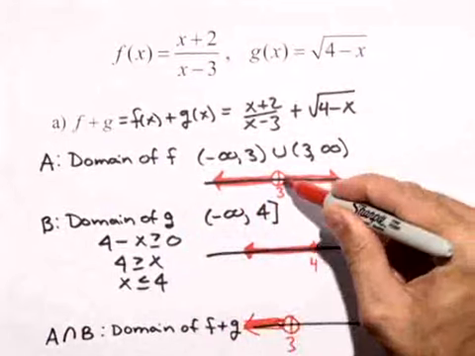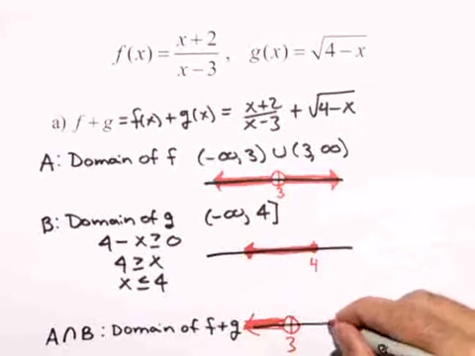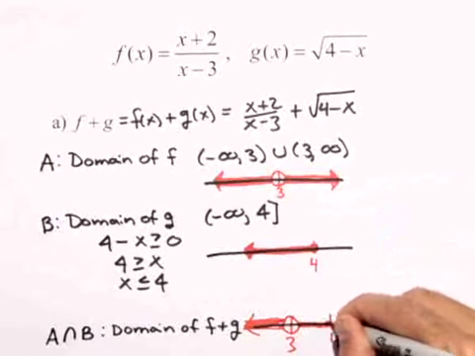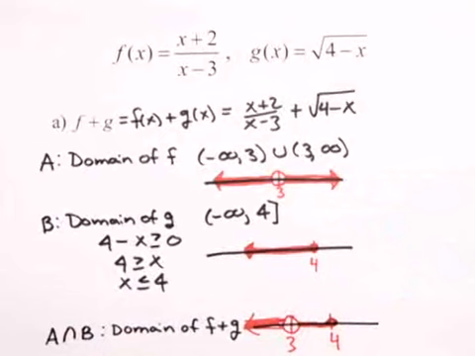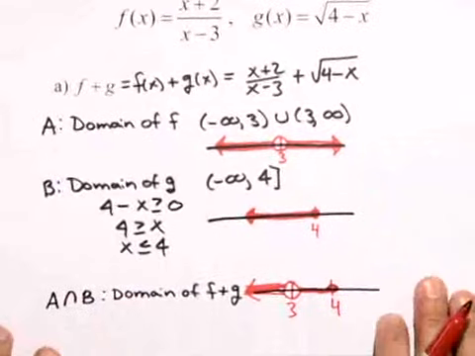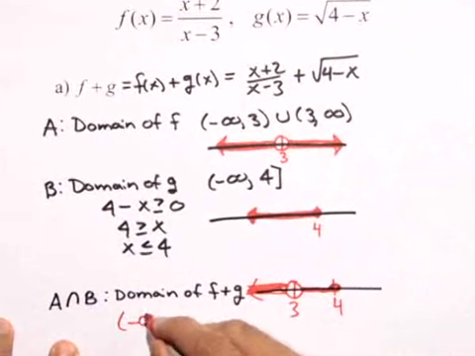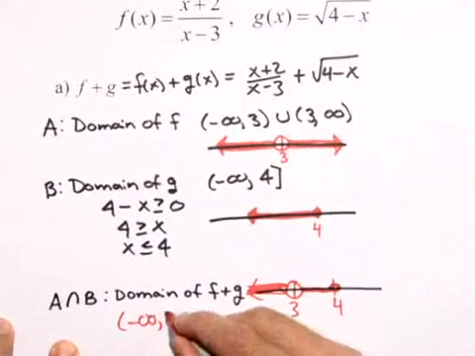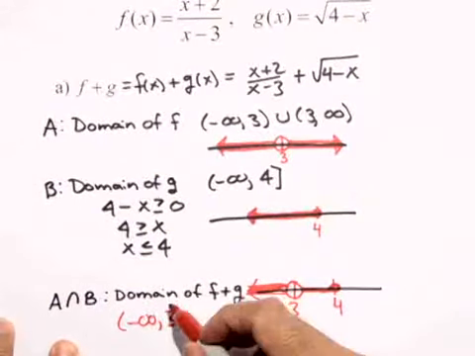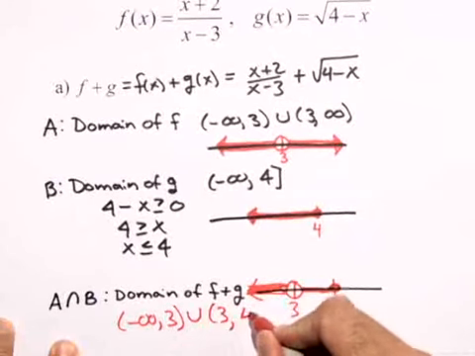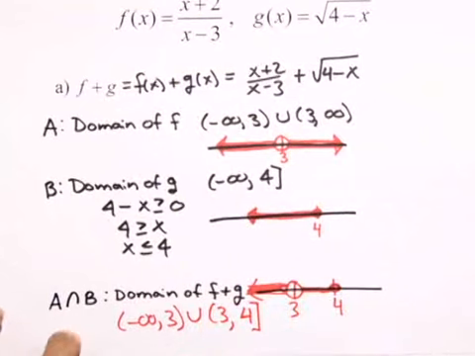And then they intersect between 3 and 4. And we include the 4. So the intersection of the two domains, which is precisely the domain of f plus g, is negative infinity to 3, open parenthesis on the 3, union with 3 to 4, and we will include the 4.